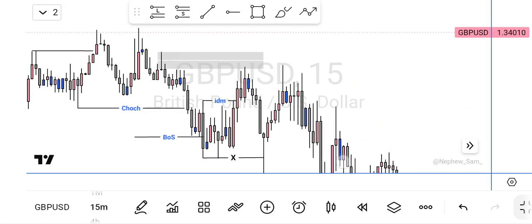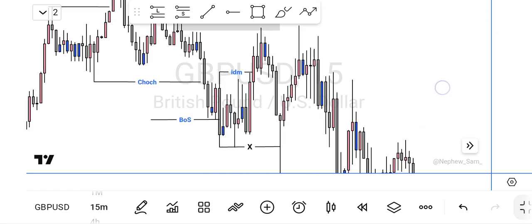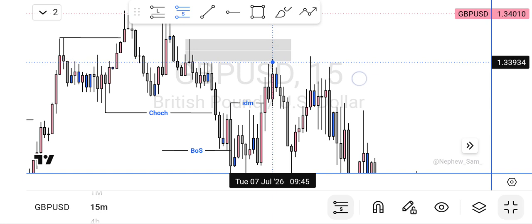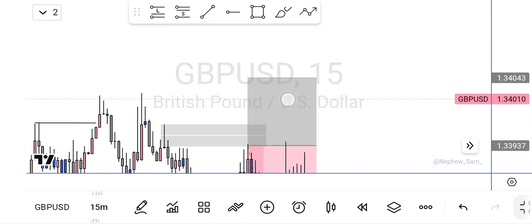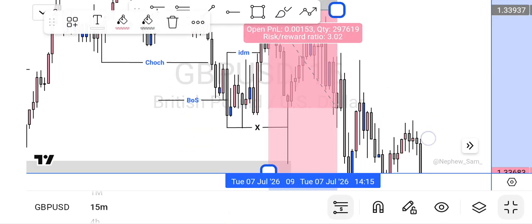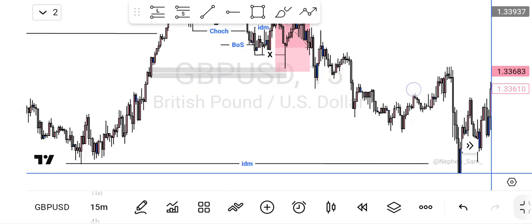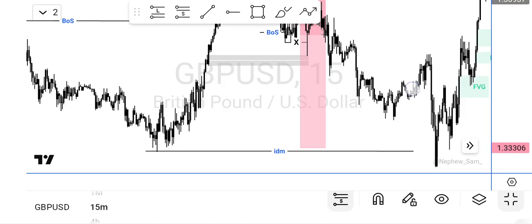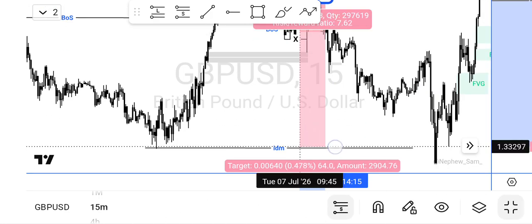So now, in the moment I saw that, I was already in a trade here. I was already in a trade, my stop loss something like this, and I was targeting the 4 hours. I was targeting way beyond these 4 hours, but let me put it here now, let's say here I was targeting.